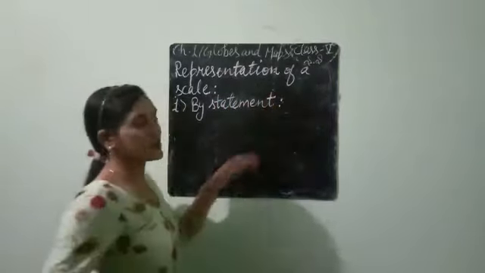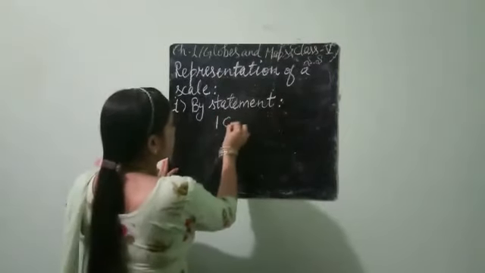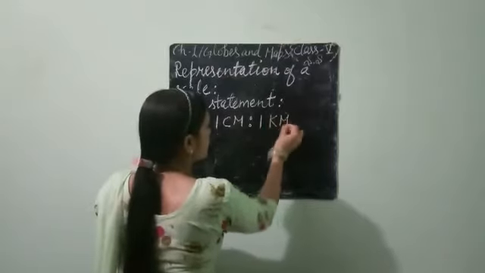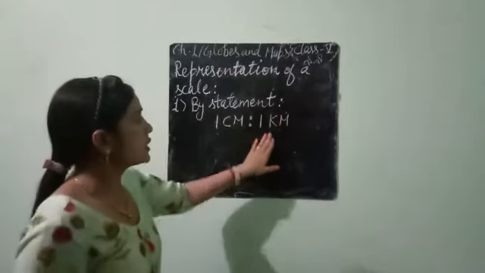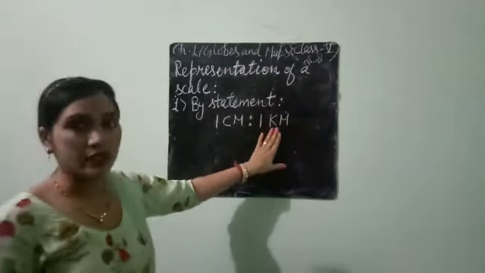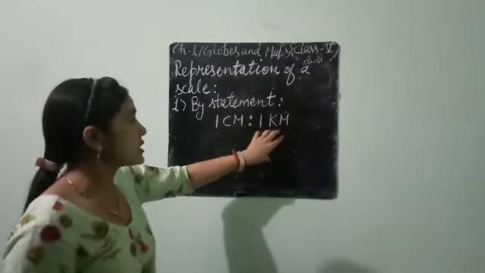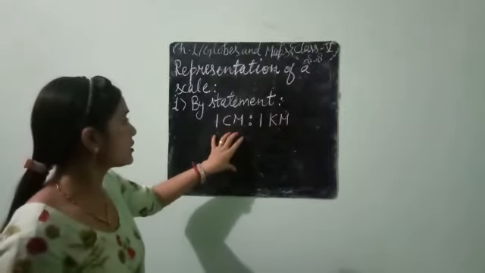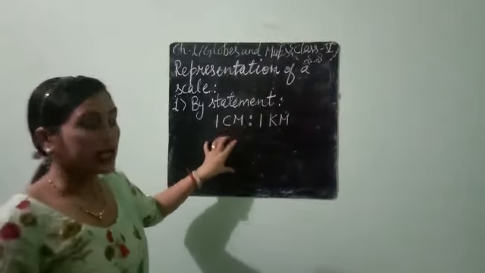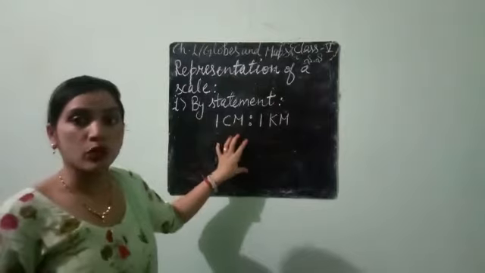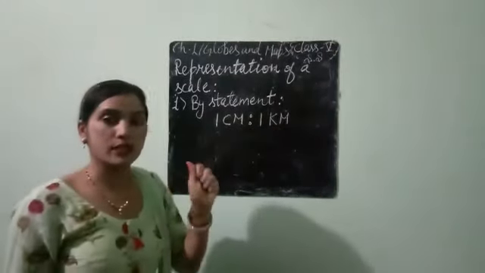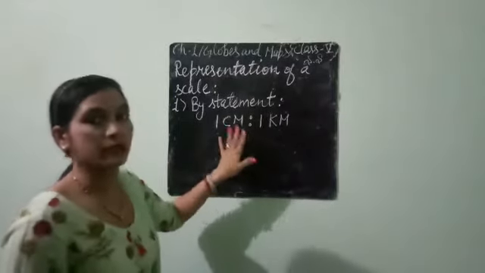I am writing a statement here: 1 centimeter is equal to 1 kilometer. Here 1 kilometer is the actual distance on the ground, and this actual distance is shown on the map by 1 centimeter. As I told you, the map always shows the smaller distances because it is not possible to show the actual distance between the places on the map.